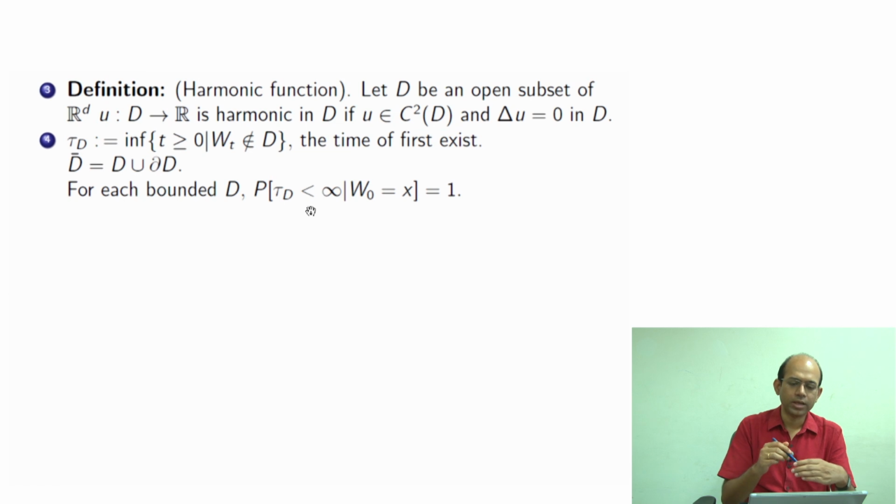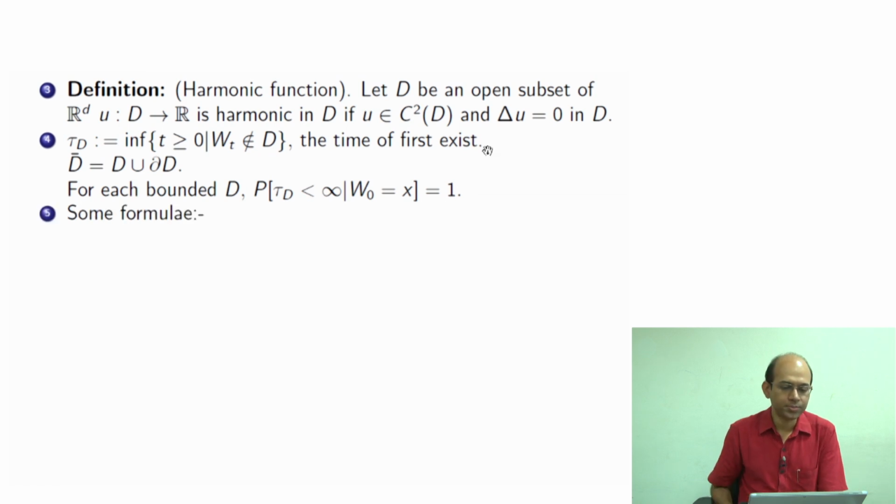Okay. So, it remains in the domain D forever with probability 0. So, it would hit and exit in finite time, or in other words, we write that tau_D is finite with probability 1.